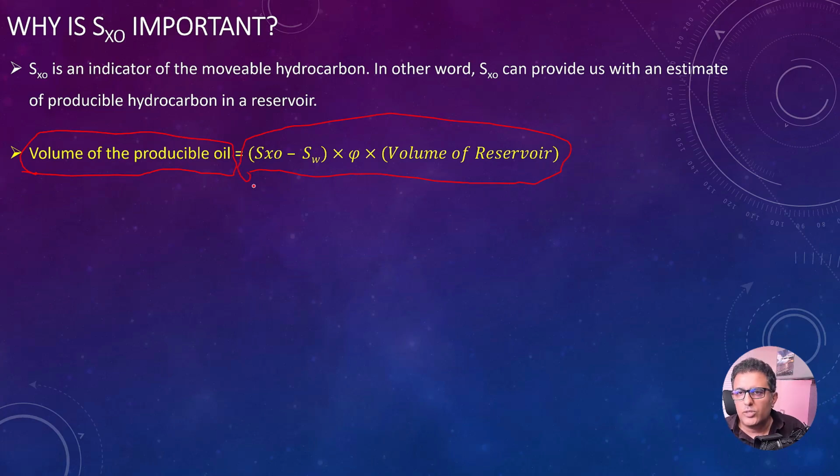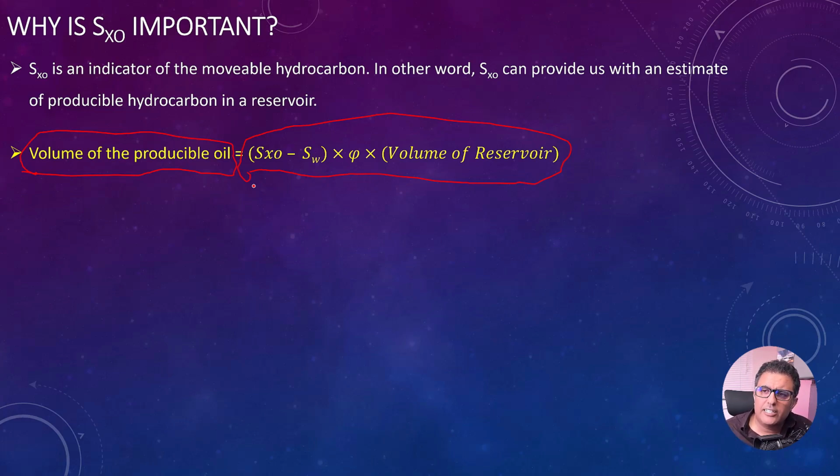If I want to better explain this equation, I mentioned before that we are not able to produce 100% of oil and gas from the reservoir. We may produce a fraction of it. We may produce 10% of the oil in the reservoir, 20, 30, and more. But we are not able to produce 100% of the oil in the reservoir, and that is called the recovery factor, or RF.